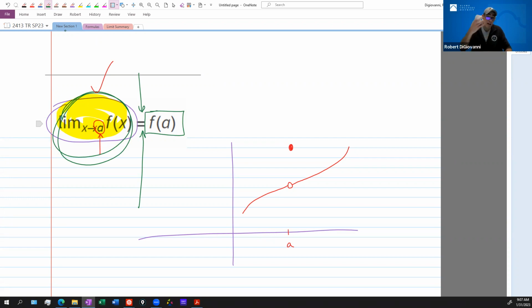Now that's the college algebra perspective. So what we need is for both the limit to exist and that limit has to be equal to the function's value there, which means I cannot have a point up there. I can't have a hole. I actually have to be filled in solid here.